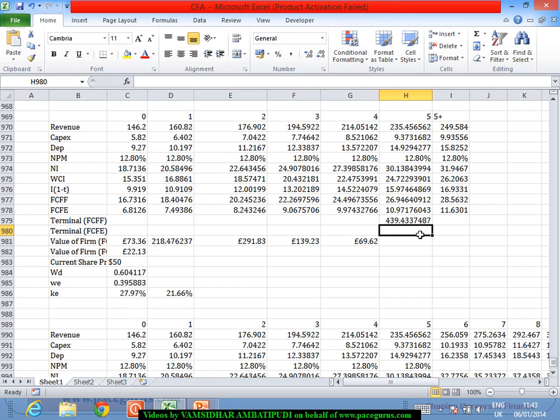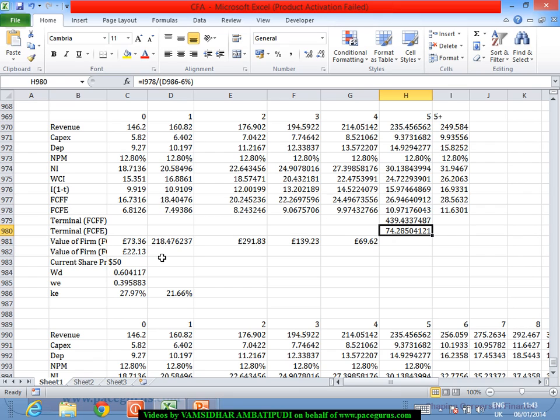The terminal value will come out as the next period FCFE divided by the required rate of return on equity minus the growth rate of 6%. So this is the value here.